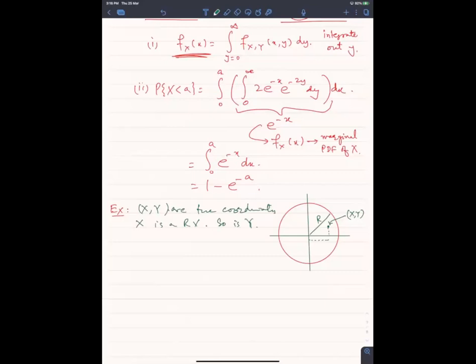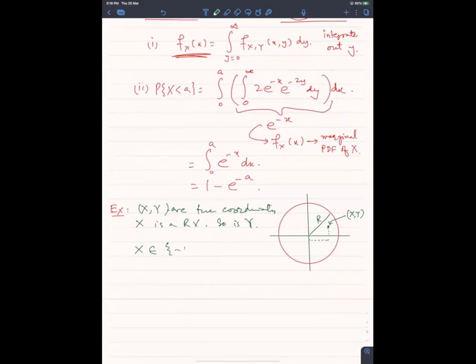Okay. Now, what are the possible values x can take? Answers in the chat window. Zero to r.